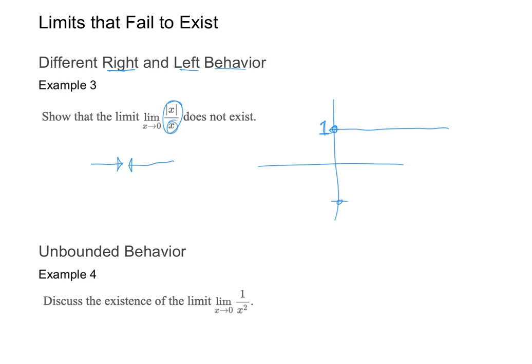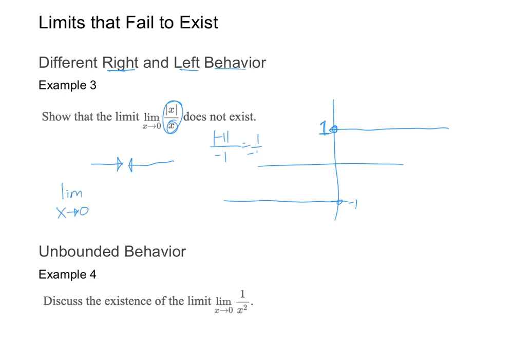But when x is negative, like -1, we'd have -1 in absolute value over -1. So that's 1 over -1, or -1.